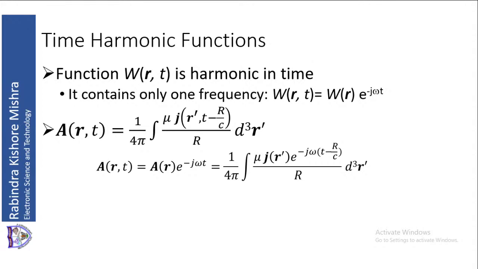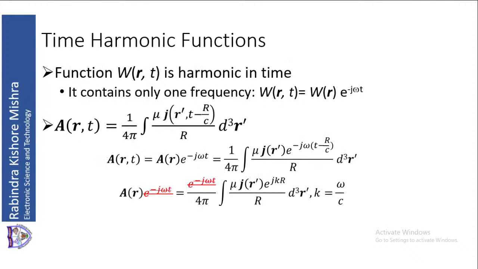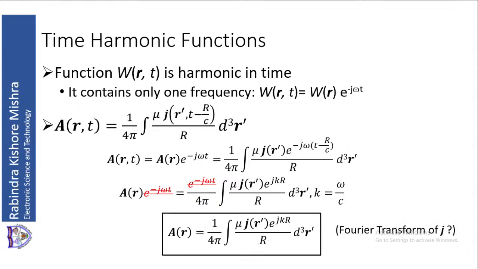Now that we can write as A exponential minus j omega t. From the integration we take exponential minus j omega t outside, divided by 4 pi. So on the left hand side we have exponential minus j omega t, and on the right hand side we have exponential minus j omega t.